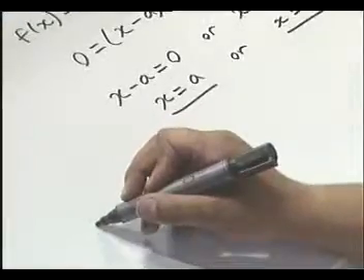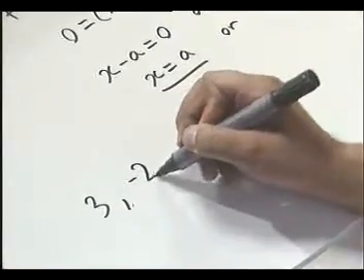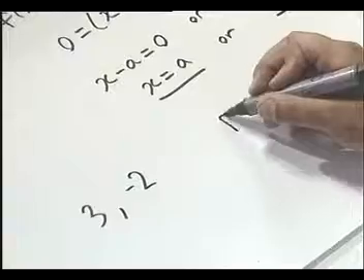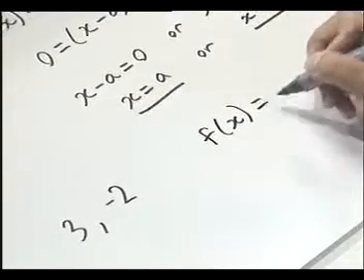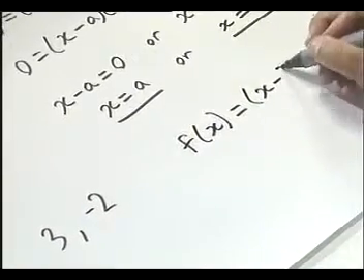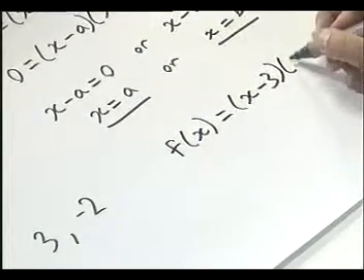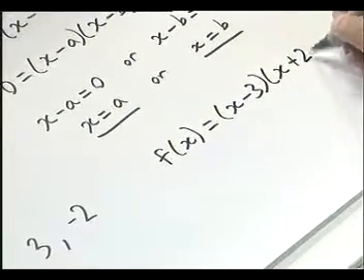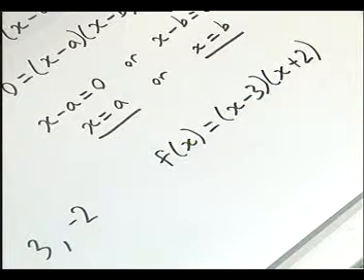So, for example, if we knew that the roots were 3 and negative 2, we would say that f of x would be x minus 3 multiplied by x plus 2, or a multiple. So that multiple could be 3, could be 5, or it could be any polynomial.